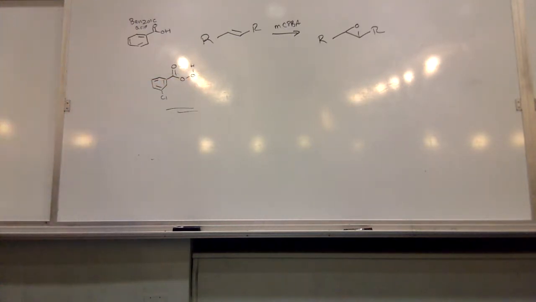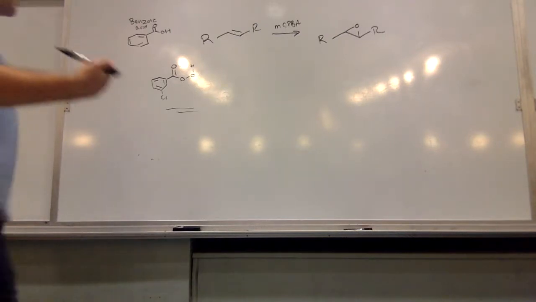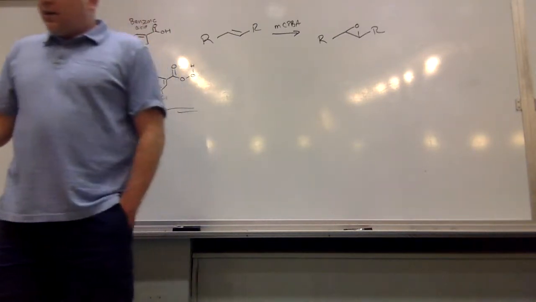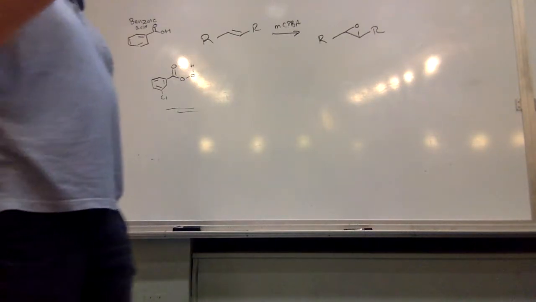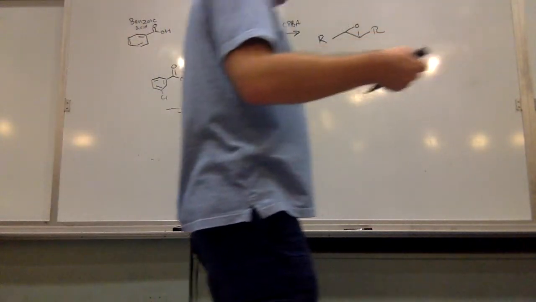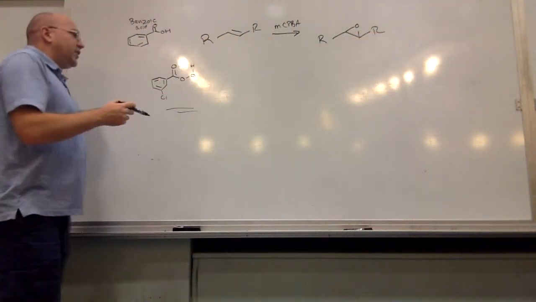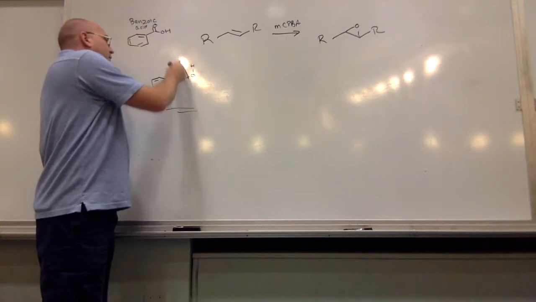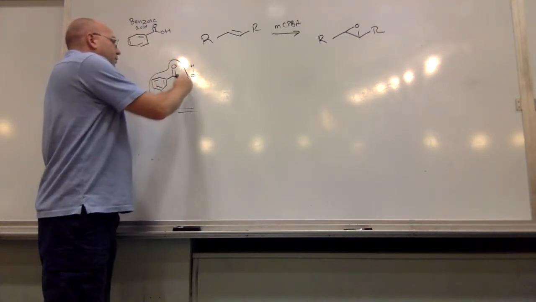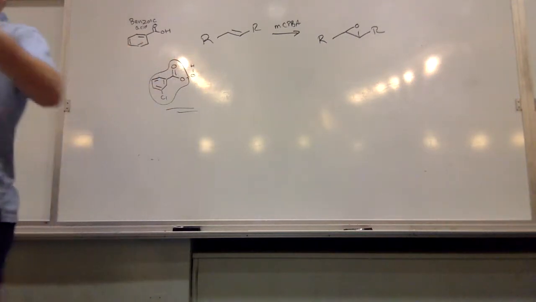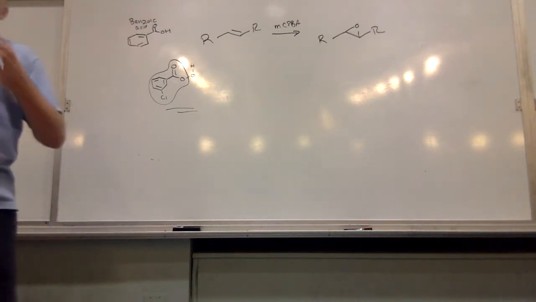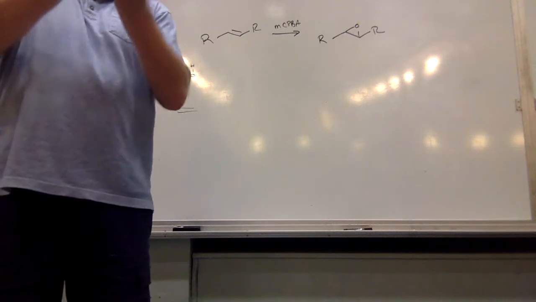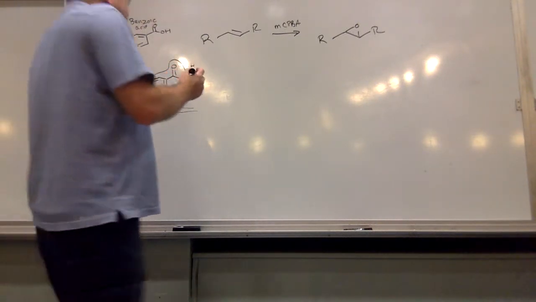Okay, and so this is an oxidant that is what we consider an electrophilic oxidant, meaning that it will react preferentially with electronically rich alkenes. Okay, and we can think about that because the benzoic acid part of it is kind of like a leaving group, and it's electron withdrawing, and so it's an electronically poor source of oxygen.